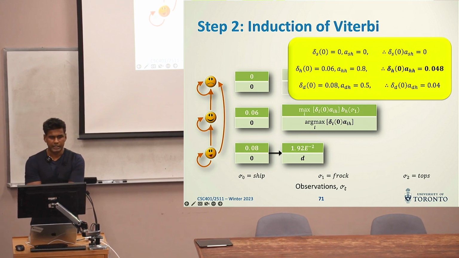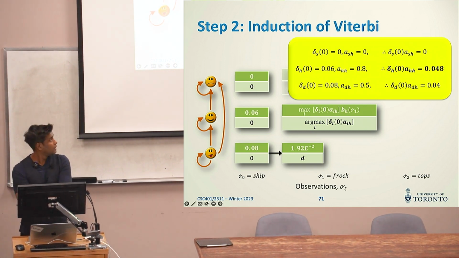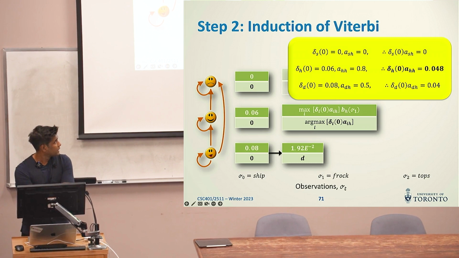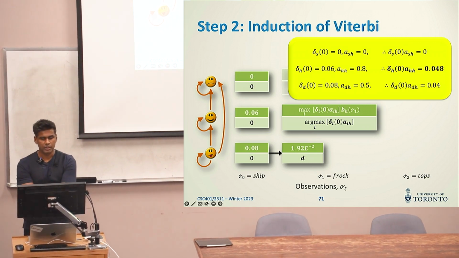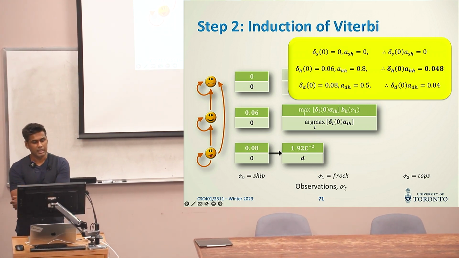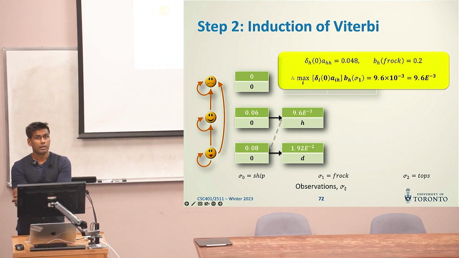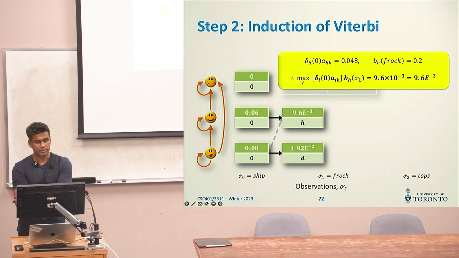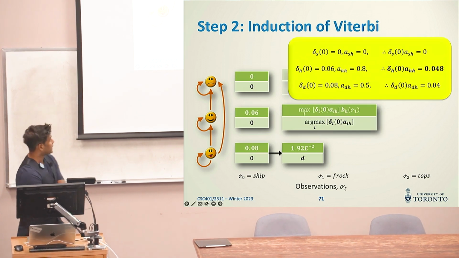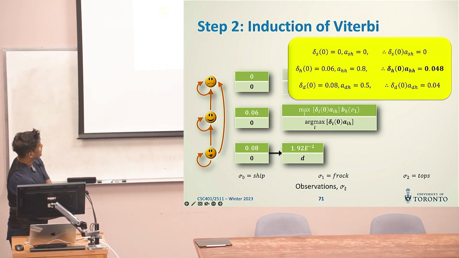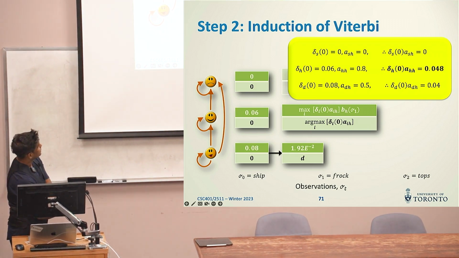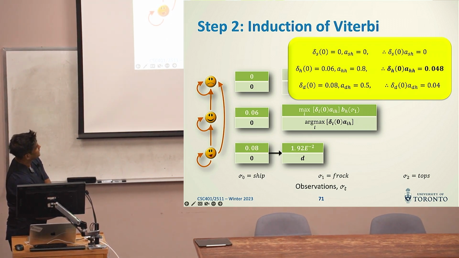So now we're dealing with the state happy at time equals 1, our observation being froc. We do the same thing, and we get the values. If we look at the yellow box over here, we'll look at the transition value. We're in the happy state, so we'll look at the transition value from SAD to happy, happy to happy, and disgusted to happy.